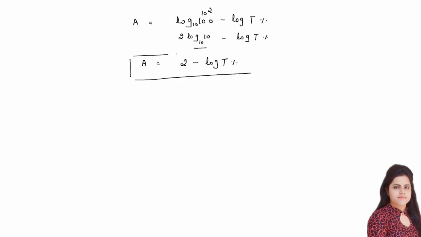And we know that if you are writing like this, log 100 minus log of T percentage, it is to the base 10. 100 can be written as 10 raised to power 2. So it will become 2 log 10 to the base 10 minus log T percentage. So it is 1 and it will become 2 minus log T percentage. So this is the last relation that I am telling you here, which is very, very important.